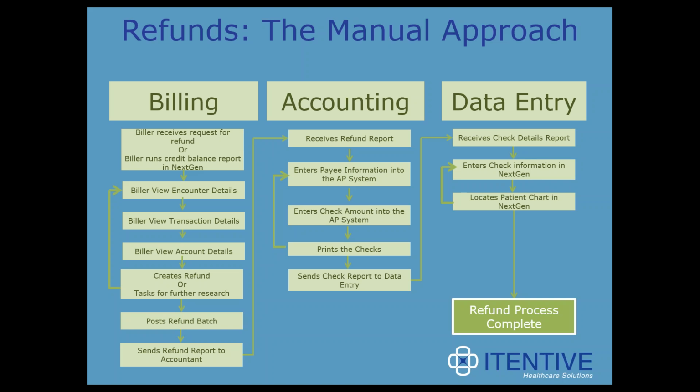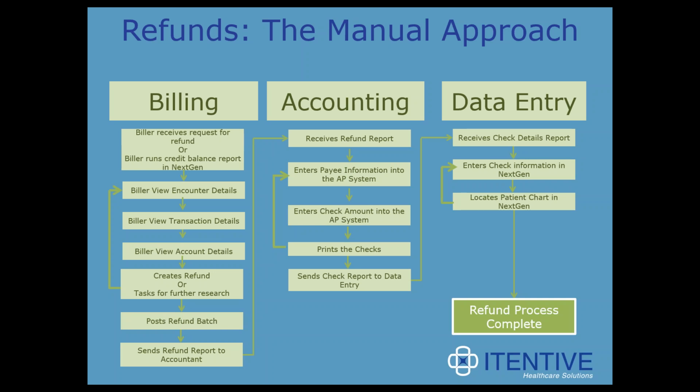At the end of that process, when you have identified the credit balances that are to be issued as refunds, you need to get that information over to accounting. How that information gets to accounting varies from practice to practice, health center to health center. It gets there via word of mouth, on a spreadsheet, via email, or by a stack of papers dropped on somebody's desk.